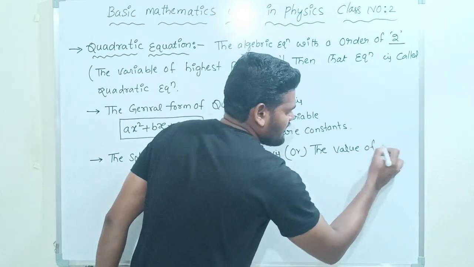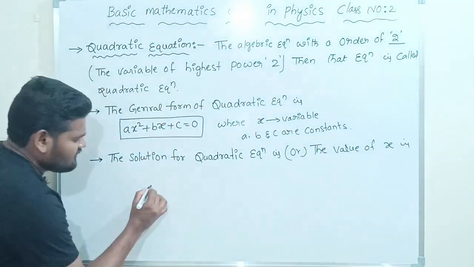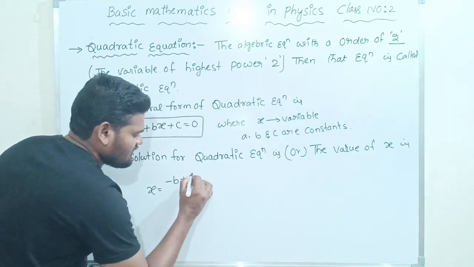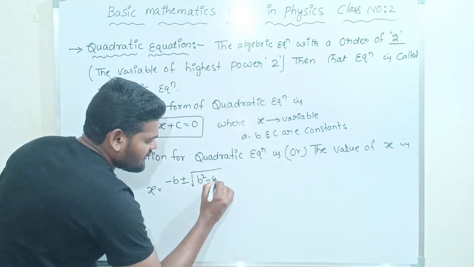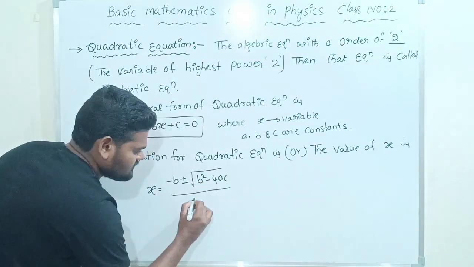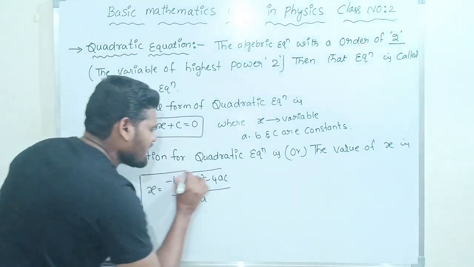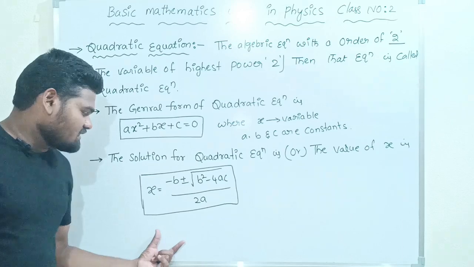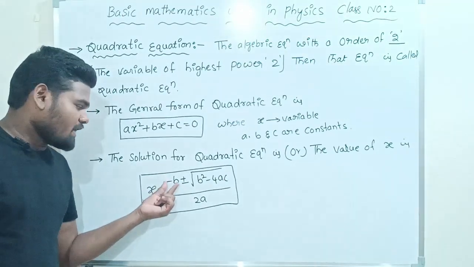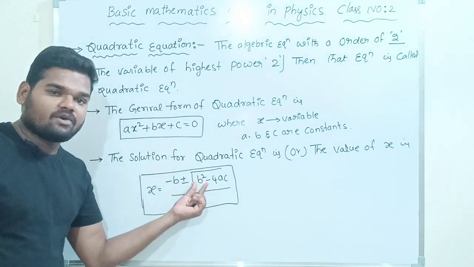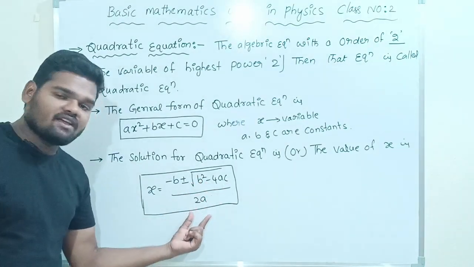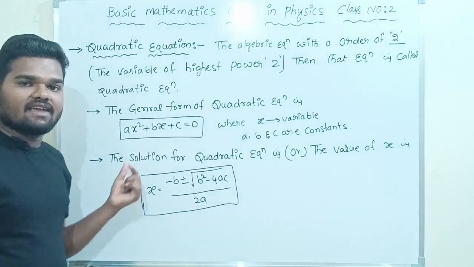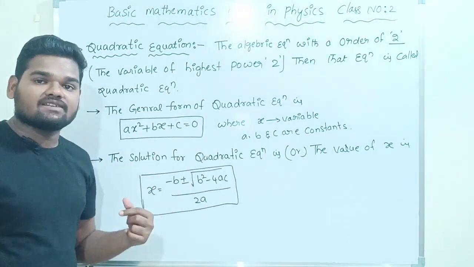The value of x is given by x is equal to minus b plus or minus under root of b square minus 4ac by 2a. So this is the value of the variable x in the quadratic equation. What is the value of x? x is equal to minus b plus or minus under root of b square minus 4ac by 2a. So this is the value of x of the quadratic equation ax square plus bx plus c is equal to 0.